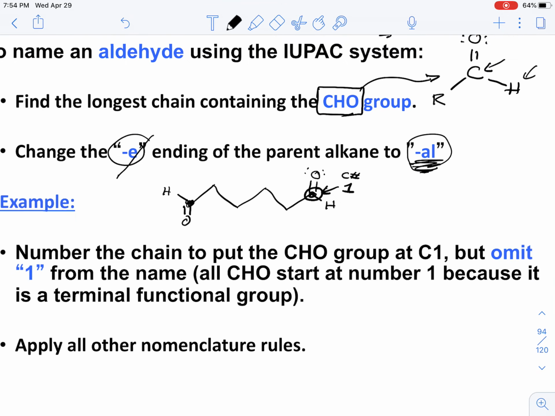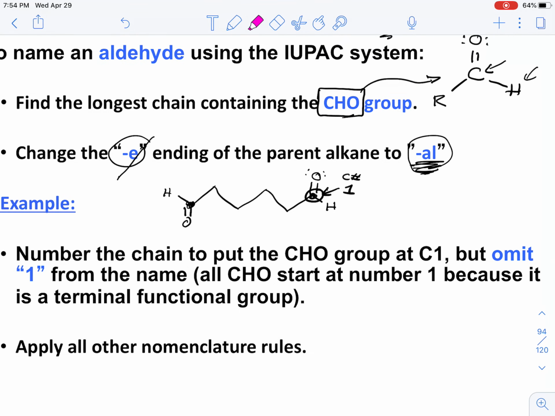And so since the carbonyl carbon is always carbon number 1, we're going to omit the 1 from the naming of the aldehyde.